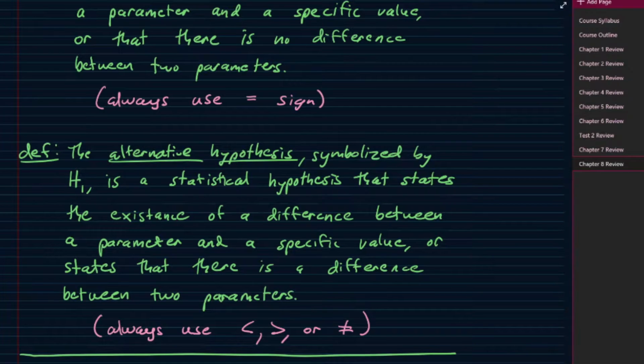Okay, so there's only a couple of instances that can occur for the alternative hypothesis, as we see here: less than, greater than, or not equal to. And so let's look at a couple examples to highlight when to use which symbol.